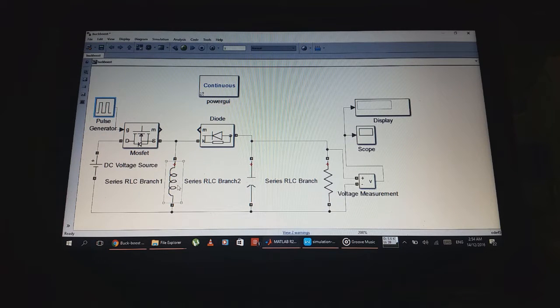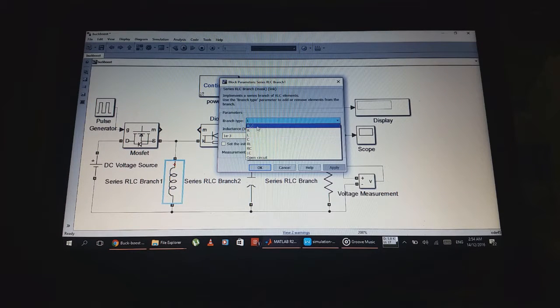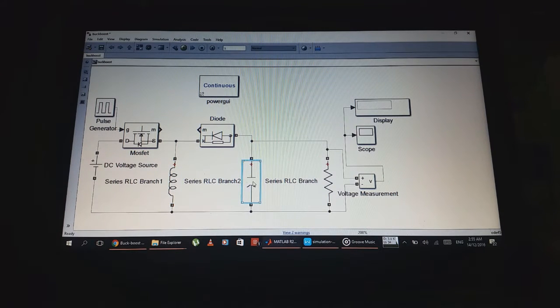And for the series RLC branches, this one actually came from the RLC, but I changed it into the inductor. This one is the same thing, but I changed it to the capacitor, and this one is the resistor. Okay, for this one there are 4 types of requirement. The first one is just the 150 ohm.